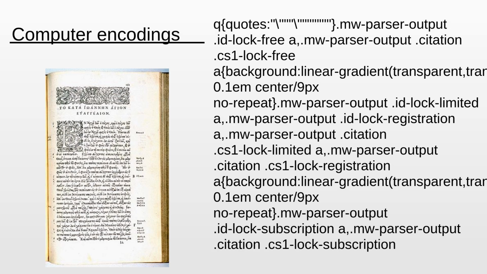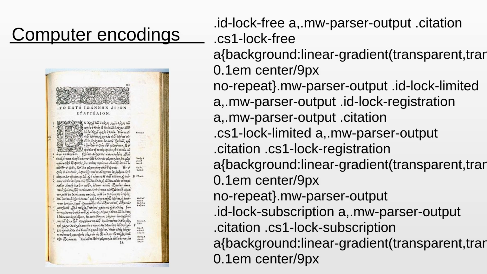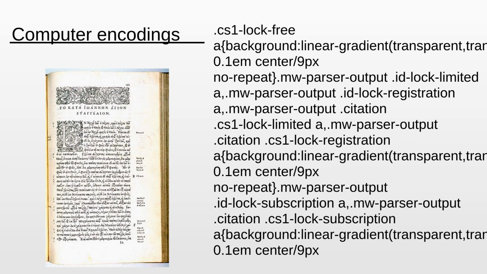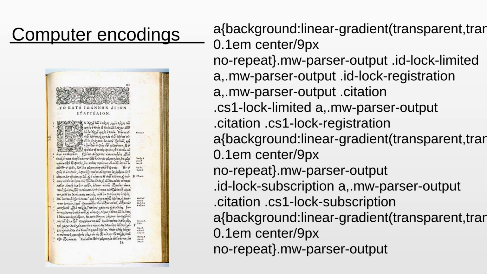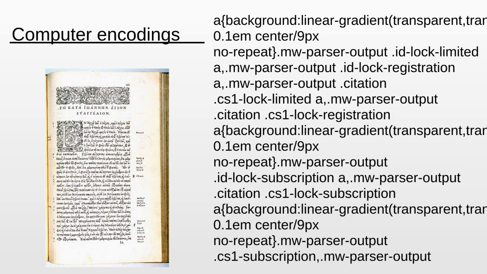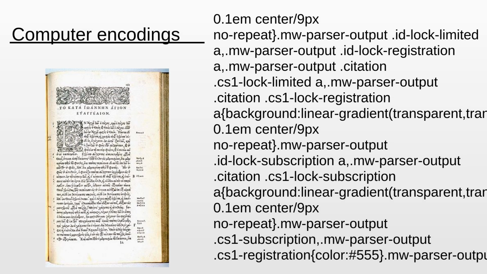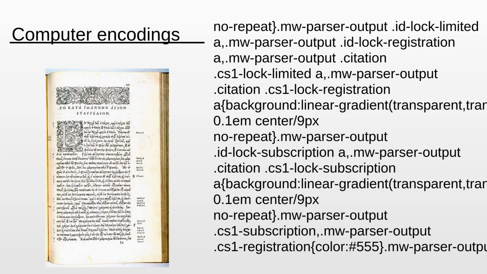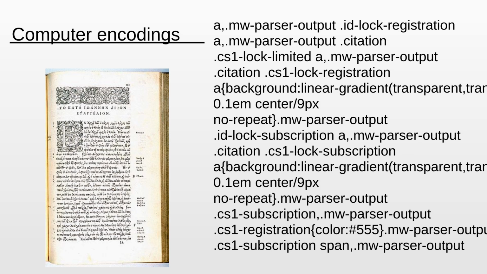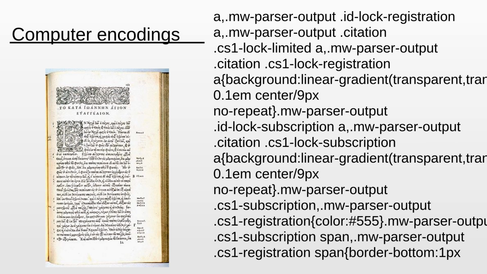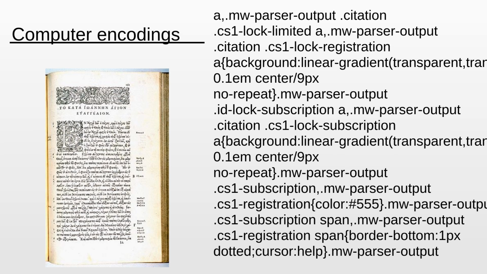A background, linear gradient, transparent, URL. upload.wikimedia.org/wikipedia/commons/6/65/lock-green.svg. Write 0.1 centered 9px no repeat, MW parser output, id lock limited A, MW parser output. Id lock registration A, MW parser output, citation, CS1 lock limited A, MW parser output, citation.